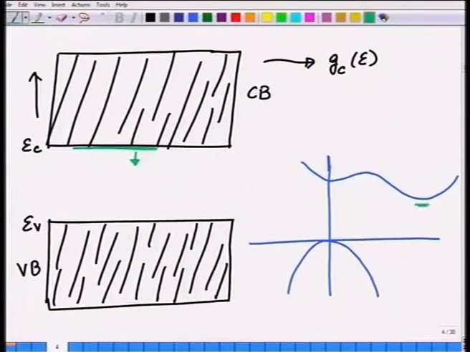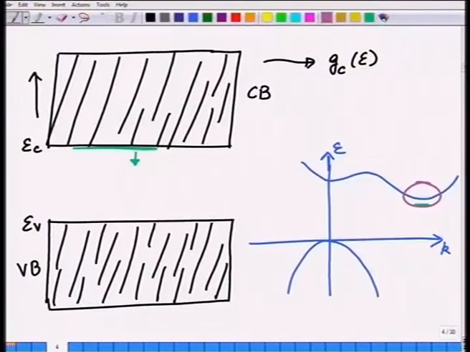This portion of E versus K which I am plotting here is the portion I am interested in. This is where the minimum of the conduction band is, where EC is. When I am plotting this region, then it may not be a parabola at all, for one thing. Second thing is the curvature may be different than what the electron's mass is, 9.11 into 10 to the minus 31 kgs. It may be different from that.